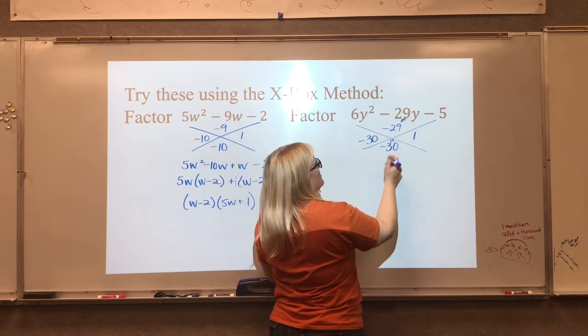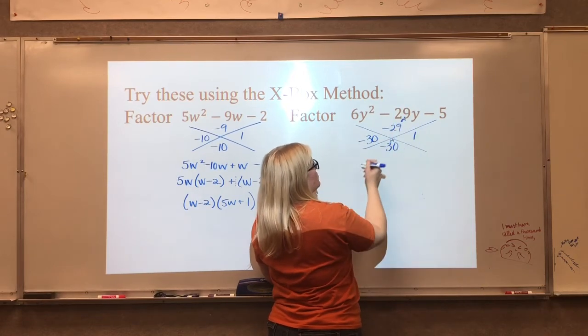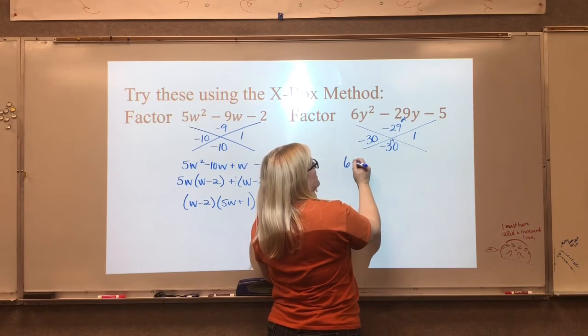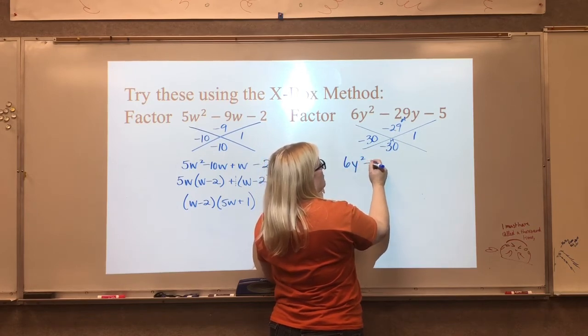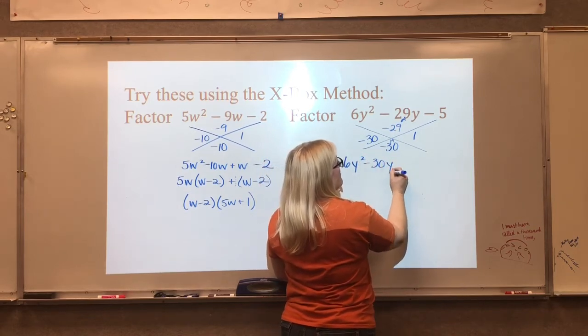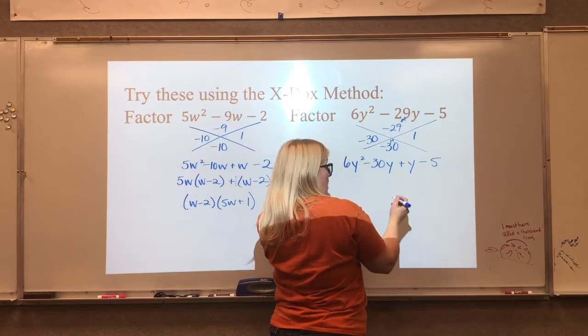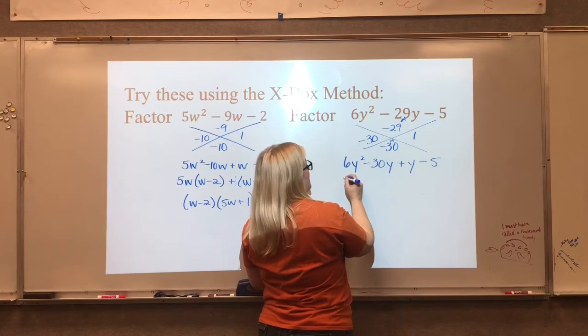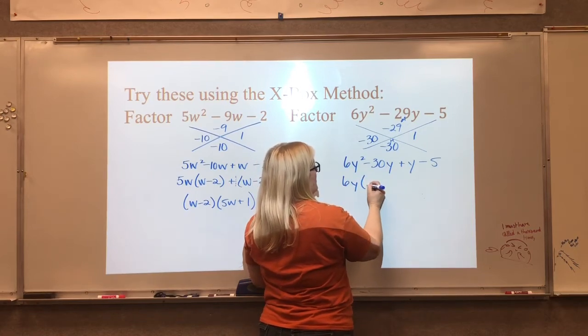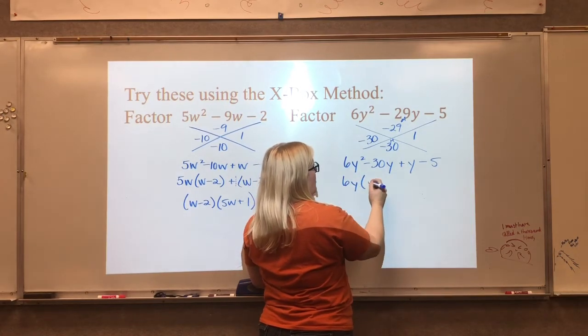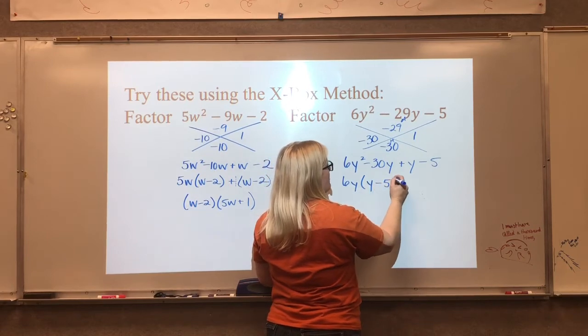So I'm going to rewrite this negative 29. So I have 6y squared minus 30y plus y minus 5. And now I group. 6y, I can pull the 6y out and I get a y minus 5.